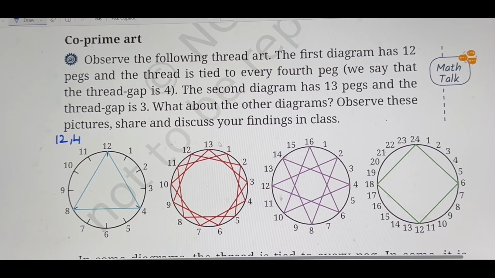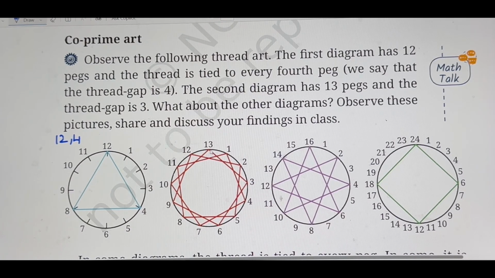Here the pegs are 13. And the thread gap, let us see the first thread. It is from 3, 6, 9, 12. Then you come back to 2, then 5, then 8, 11, 1, then 4. From 4, 7, 10, 13.